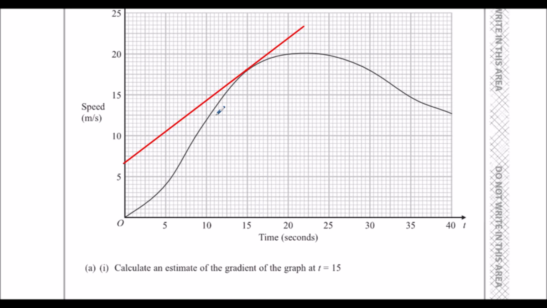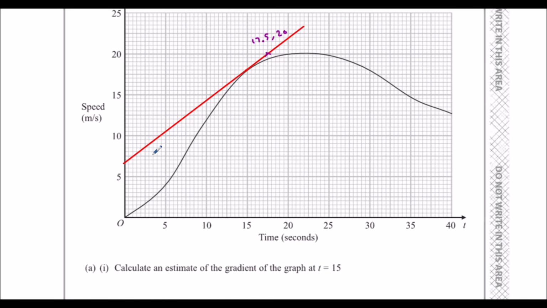Where are the good points? So it looks like we've got 17.5, 20 here.